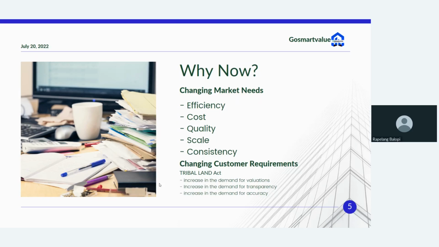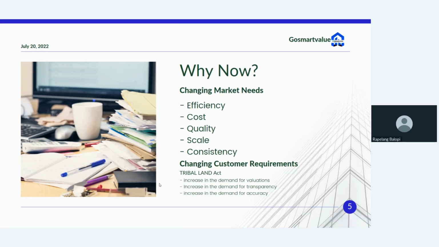The component of valuation is no longer acceptable as the thing that takes a long time to conclude, or the factor that makes a transaction take a long time to be concluded. As such, it is important for the valuation process to be reviewed, to see if it can be made to be faster.